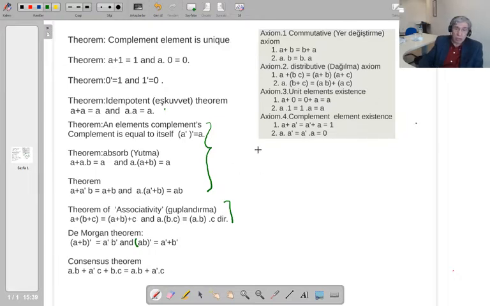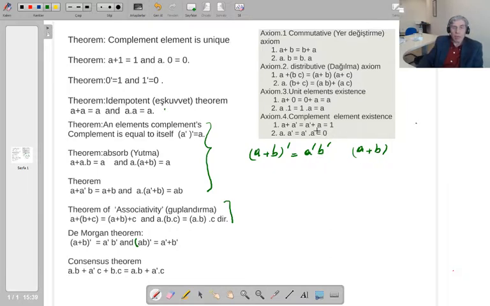What it says: (A + B)' is equal to A'B'. Another way of saying this: (A + B) prime is equal to this, isn't it?